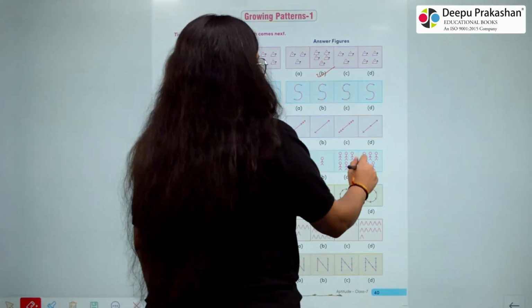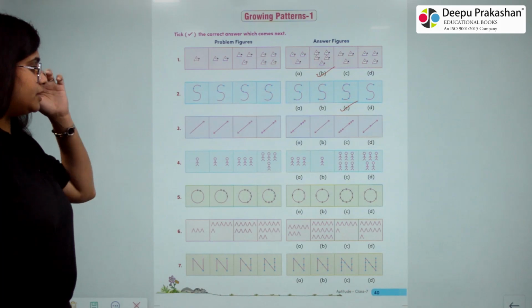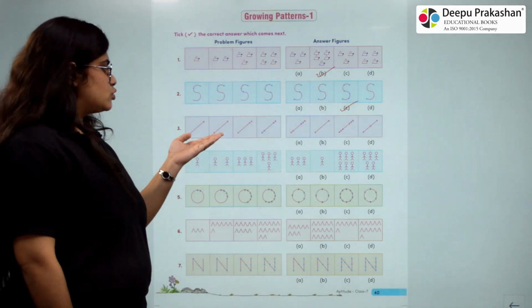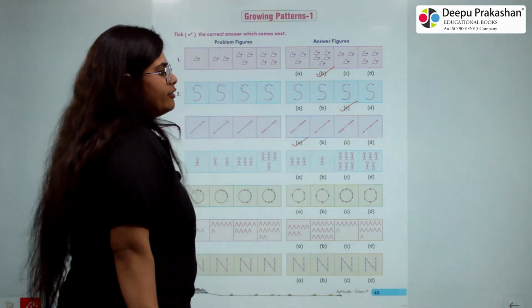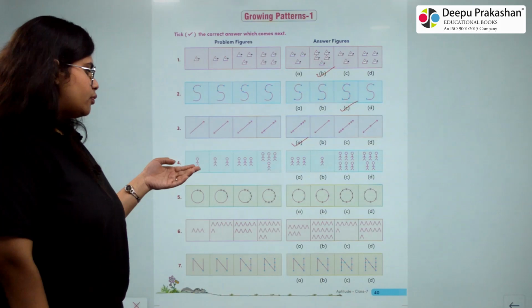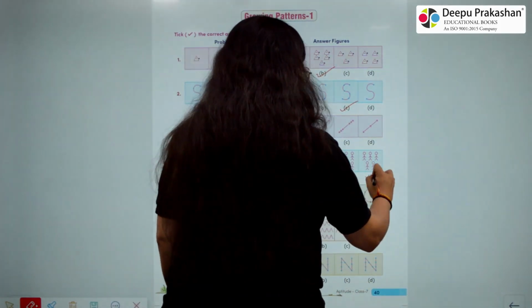So next one will have 6 dots. 3. Here we have 1 arrow, 2, 3, 4. So the next one will have 5 arrows. 4. Here we have 1, 2, 3, 4 images. The next one will have 5.